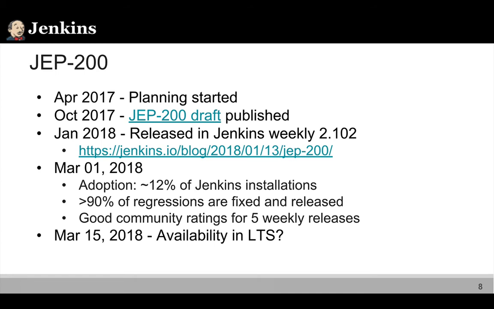We still get some issues, but generally we are confident that the change is ready to go. And next week, we get a release of Jenkins 2.107.1. So it will be the first long-term support release which includes this fix. And this is the point when the fix becomes available to the wider community.